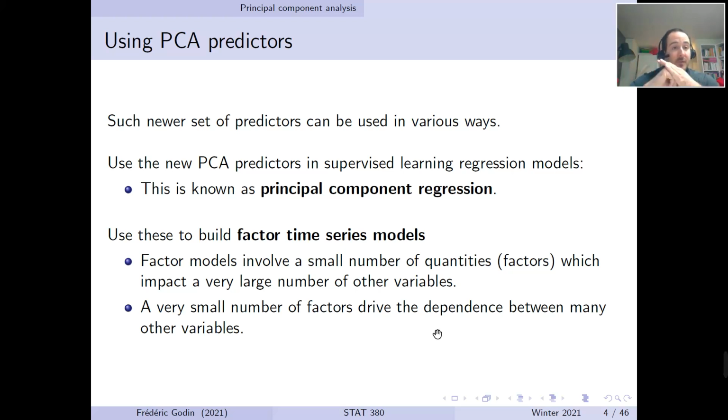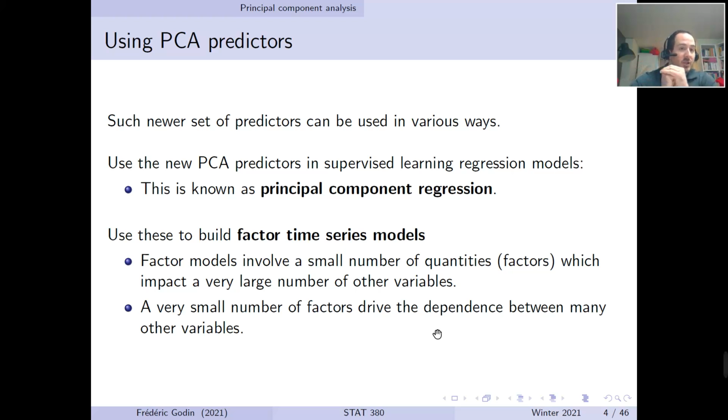Okay, so for example, if you look at stock returns, typically when there's a market crash, all stocks tend to plunge at the same time. So the idea here is that there's one quantity which determines if we're in good economic health or bad economic health, which would impact simultaneously a very large number of other variables.